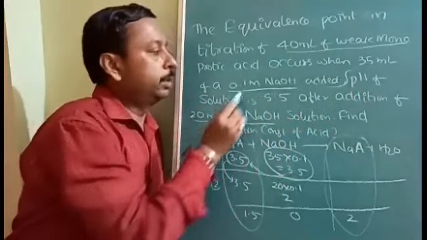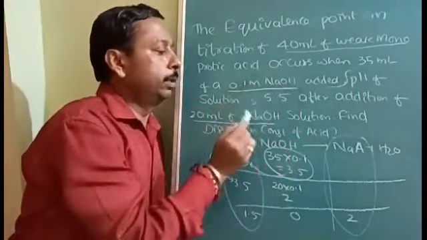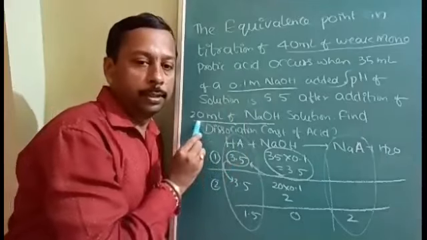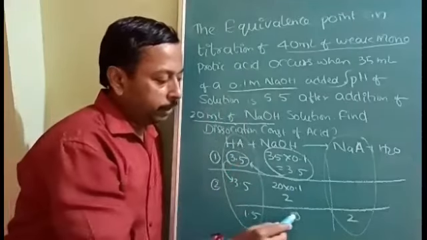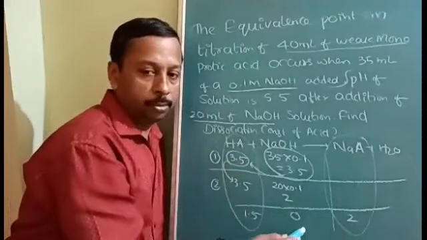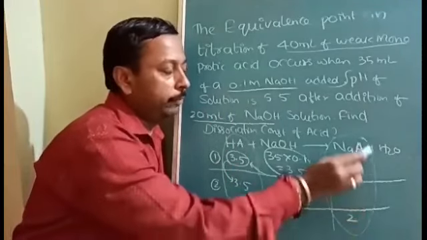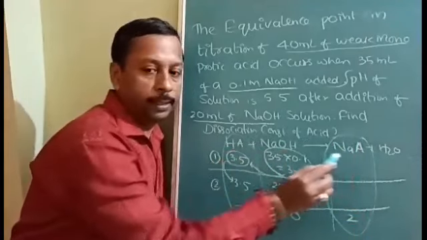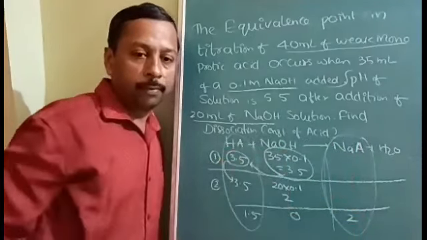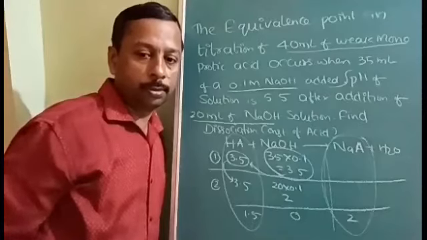It is not that after 30 ml or 40 ml this is added. So this is the 20 ml initially. So 1.5, 0 and 2. Is it understood? Kindly tell me: if I am left with the weak acid and the salt of the weak acid with a strong base, which formula do we have to use?